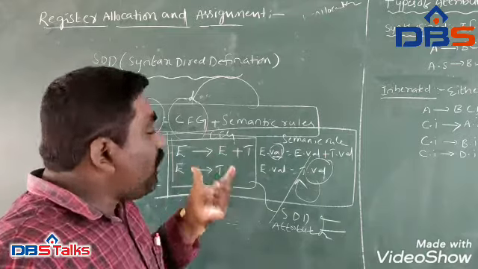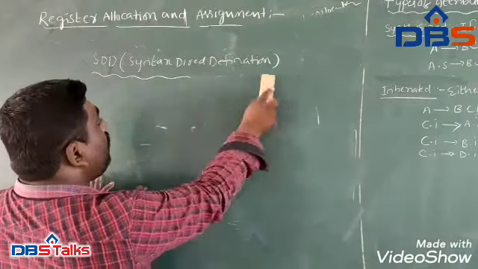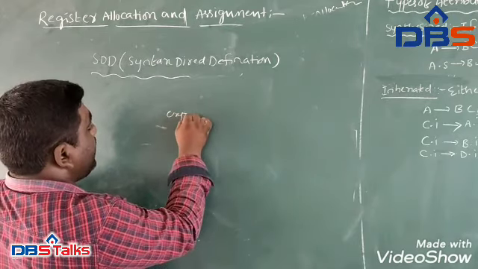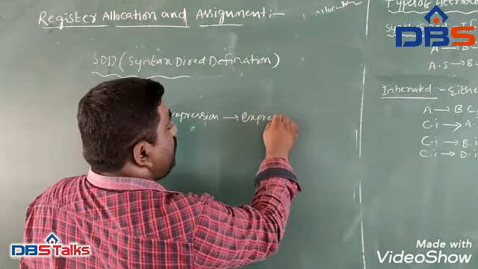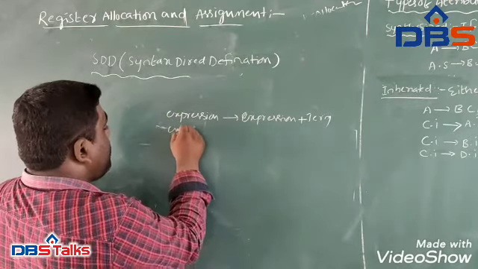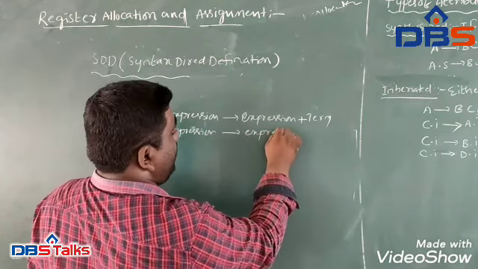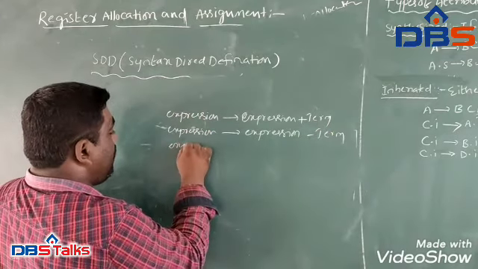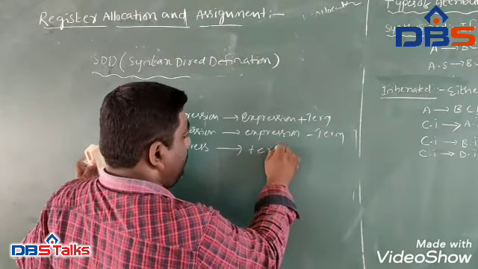We can write an example for one context free grammar: expression produces expression plus term. Again, expression produces expression minus term. Expression produces term.